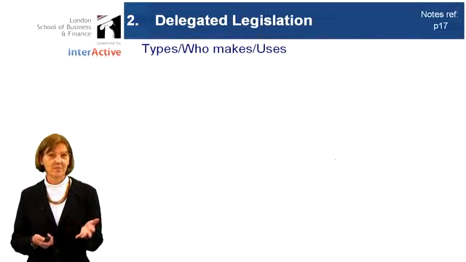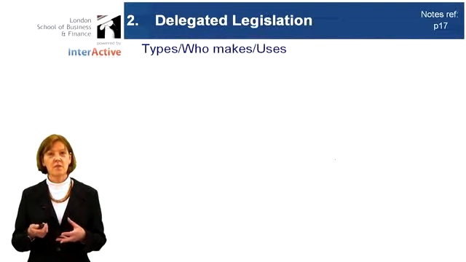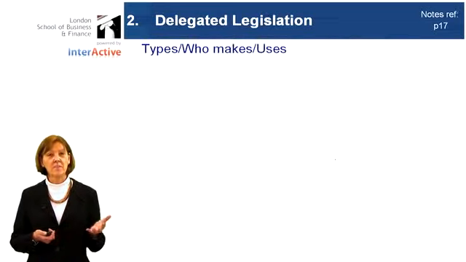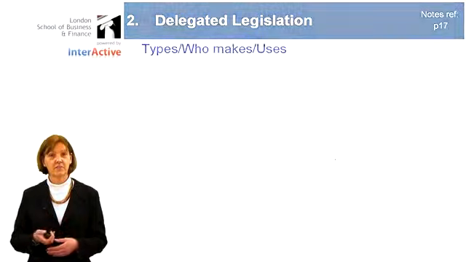Well, it could do. But we need, for the purposes of your exam, to look at three situations where Parliament commonly delegates lawmaking powers. So we're going to look and see the types of delegated legislation, to whom the power is delegated, and for what purpose.